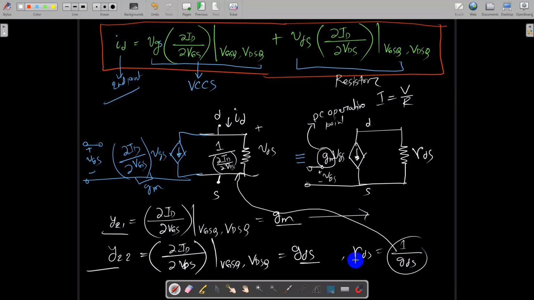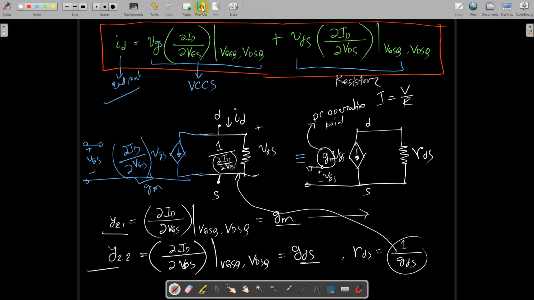So now the question is, what is the constraint of small signal approximation for a single MOSFET? Suppose your lambda is not equal to 0. So what can we do?